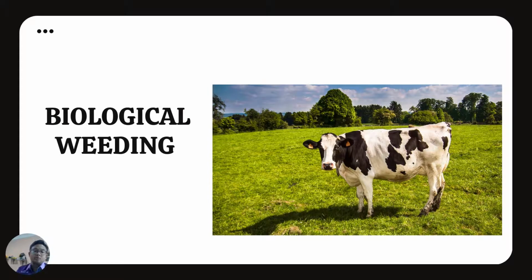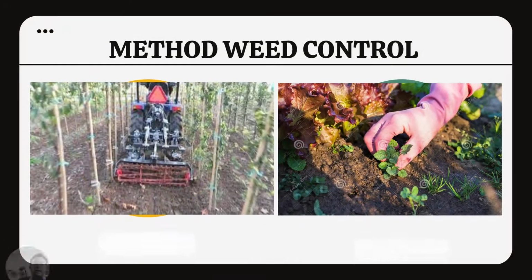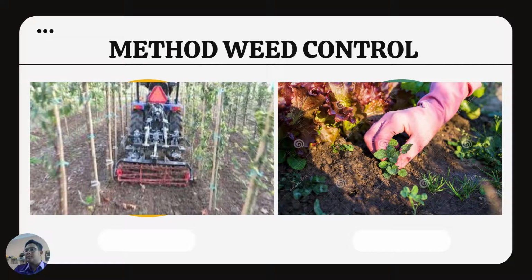Besides that, we also use biological weeding, using cows as the agent, because cattle graze on weeds. Fodder-tending cattle in the plantation is a great way to control weeds, with other benefits such as reducing labor, ensuring the availability of animal protein, and providing manure.